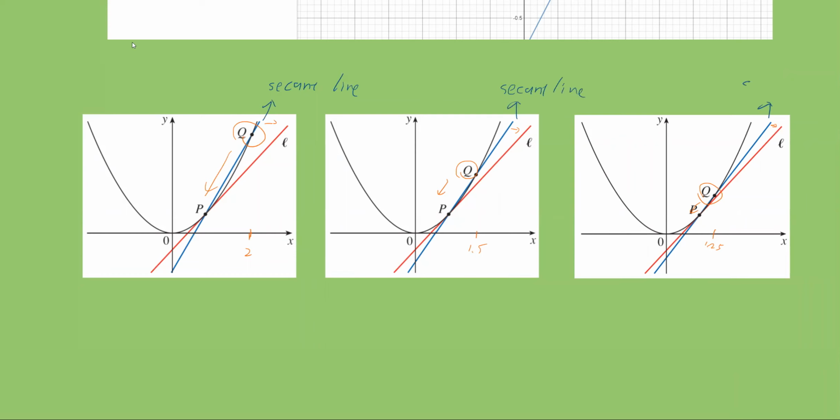Basically we are using the secant line to approximate the tangent line.